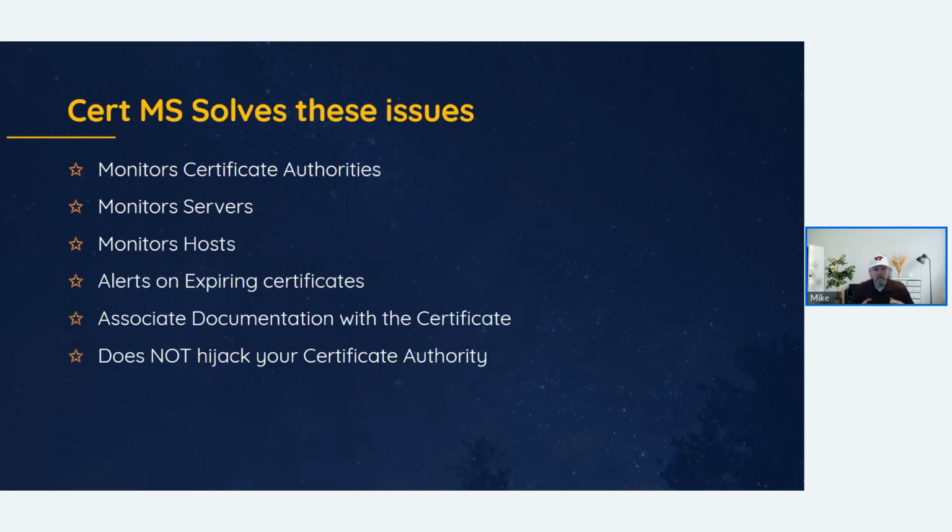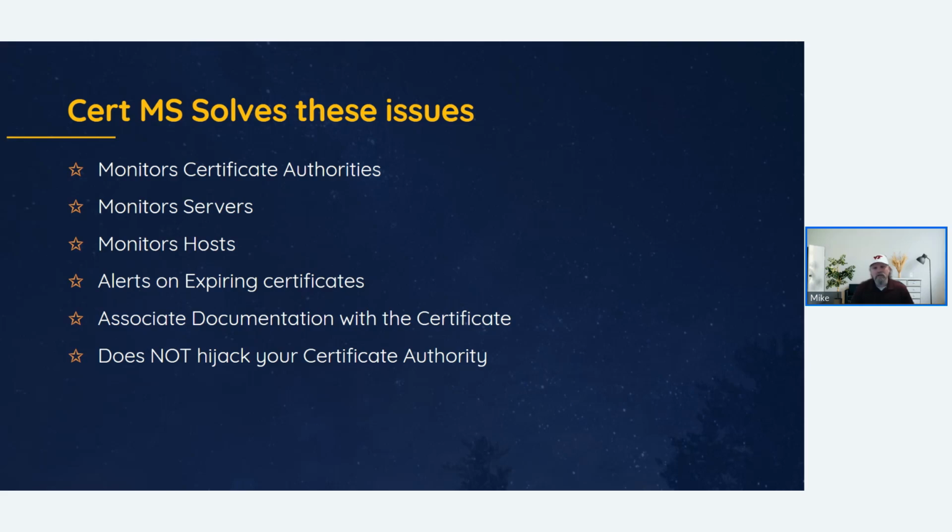This is where CertMS solves these issues. CertMS will monitor certificate authorities. It'll monitor servers. It will monitor hosts, and by hosts, I mean your websites. And because this is an internal appliance, you can monitor both external and internal websites with it. It will alert on expiring certificates. We can associate documentation with certificates, so we're bringing an entire documentation piece into this.